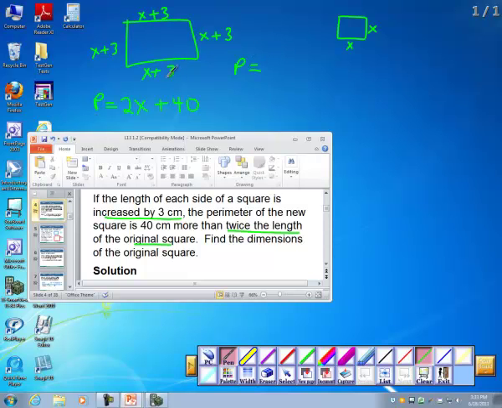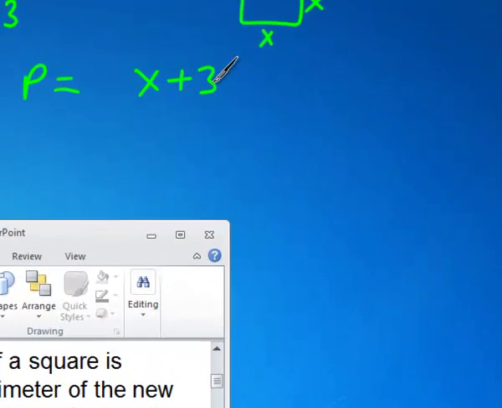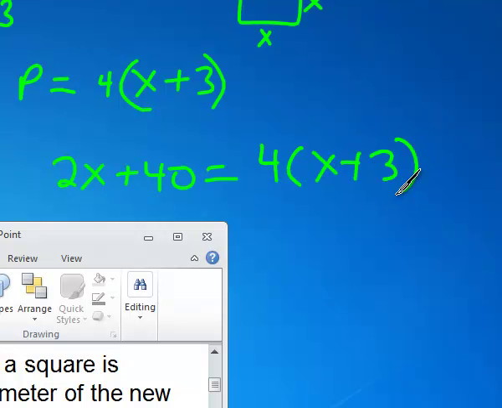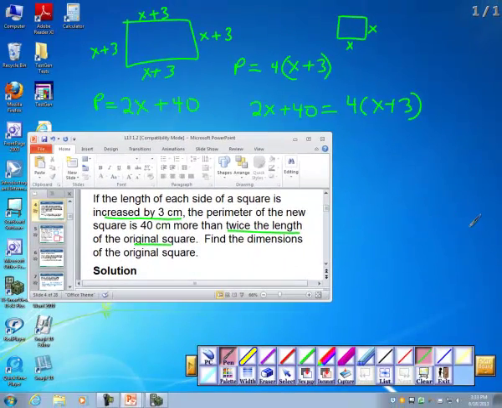If each side is x plus 3, we can put x plus 3 four times, or we can say x plus 3 times 4. Since the perimeter of the new square is 2x plus 40, we would substitute 2x plus 40 in for p. So that would be 2x plus 40 equals 4 times x plus 3. All right, questions up to this point?